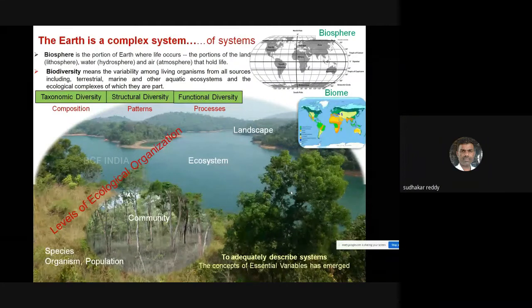Towards this, scientists have identified the concept of essential biodiversity variables. This concept was newly introduced by H. M. Pereira et al., published in Science in the year 2013. The concept is along similar lines to the essential climate variables.